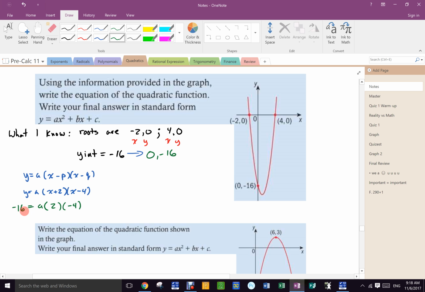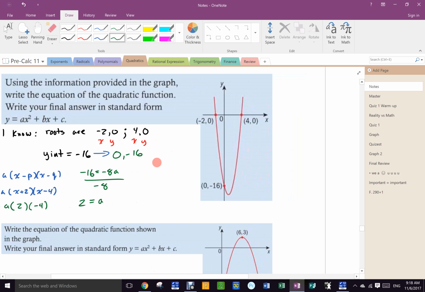Negative 16. So now I have negative 16 equals, what's negative 4 times 2? Negative 8a. How do I solve that? Divide by negative 8, and what do I get for a? 2.